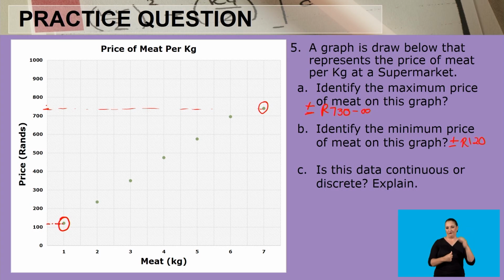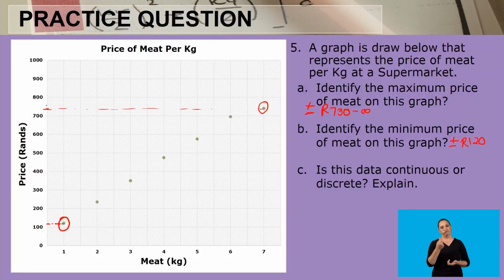The last question there for this question says, is this data continuous or discrete? Explain. Well, what type of data is discrete and what type of data is continuous? Remember, discrete can only work with whole numbers, and continuous can have fractions.